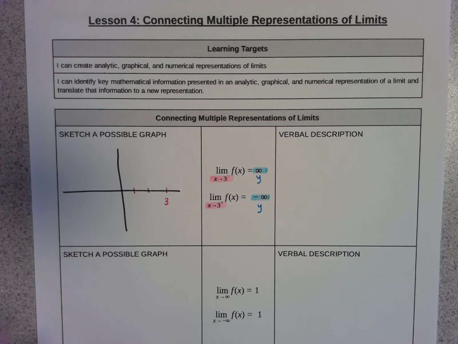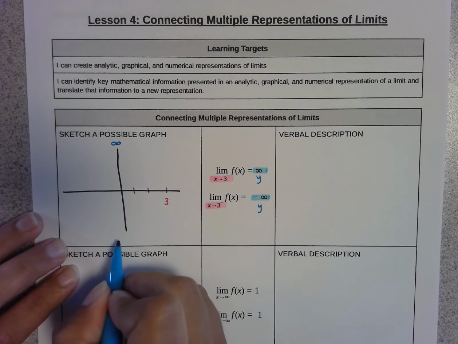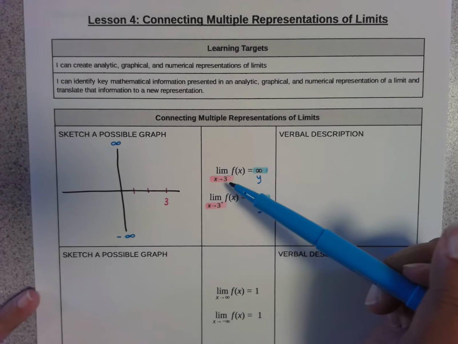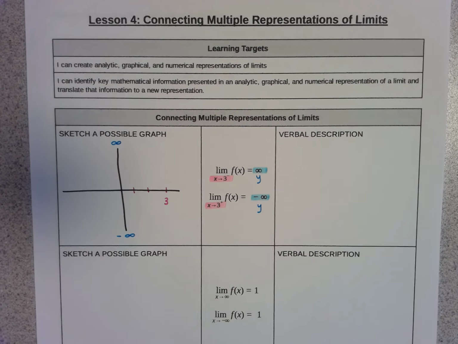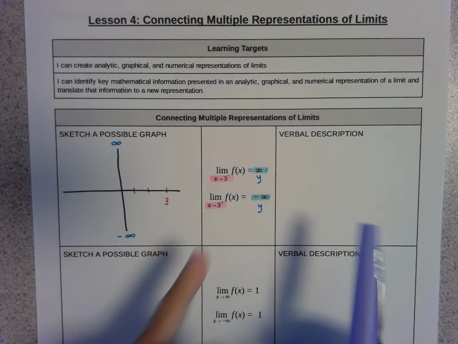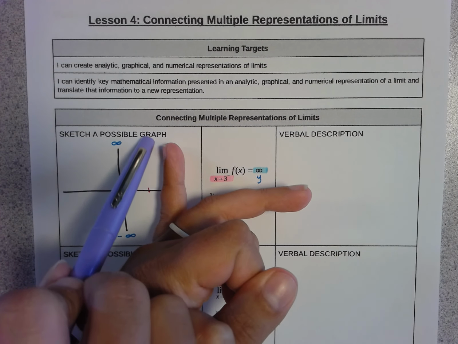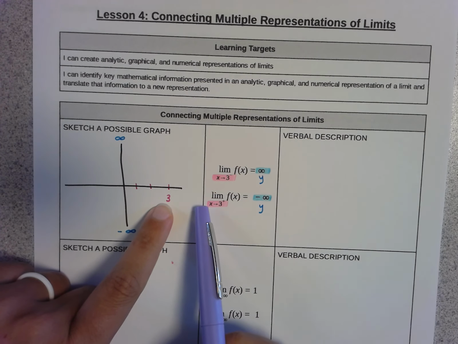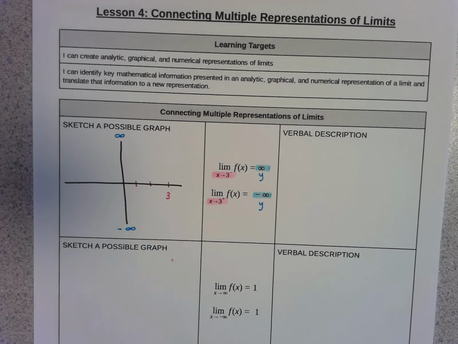And again, these are the y values that we're approaching. So on the y-axis, I need to remember that positive infinity is way up here, and negative infinity is way down here. Now, if we imagine what's happening as we approach 3 from the left side of the graph, when I get closer to 3, my y values have to go up to infinity. And when I get closer to 3 from the right, my y values have to go down to negative infinity.